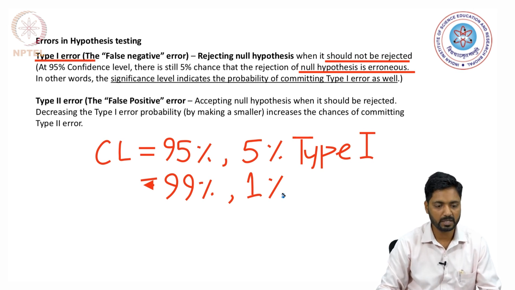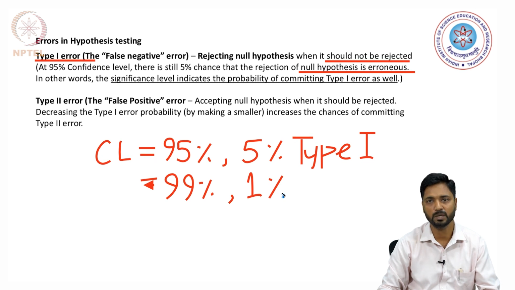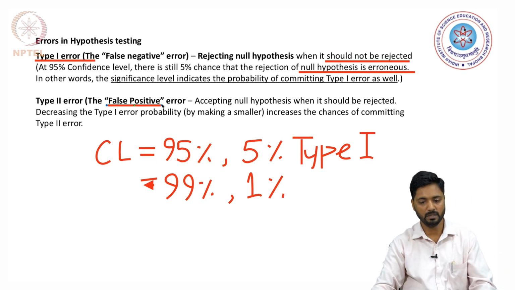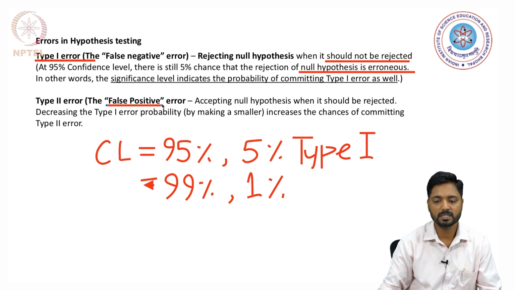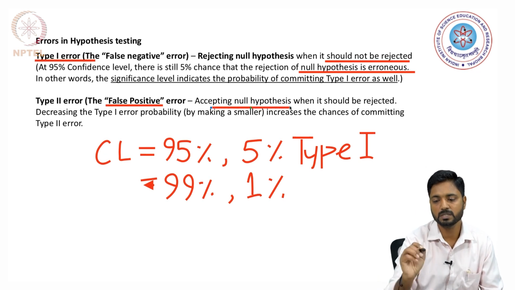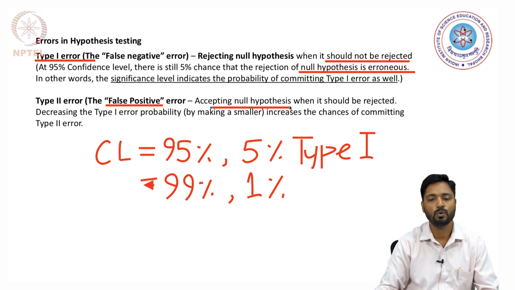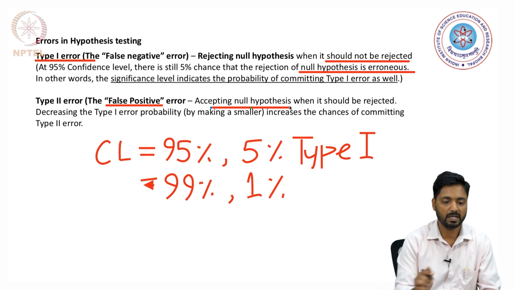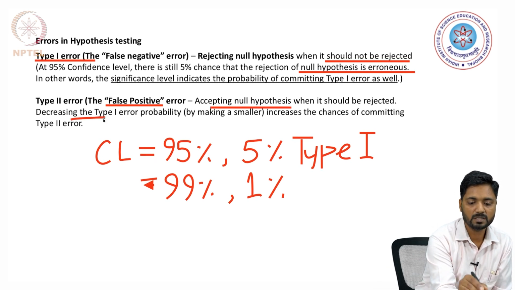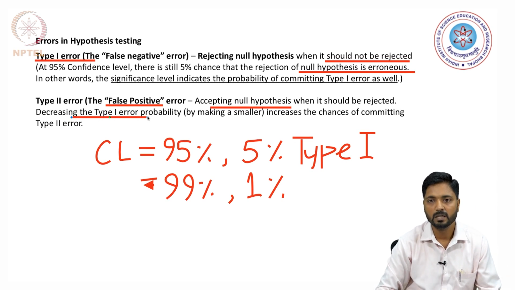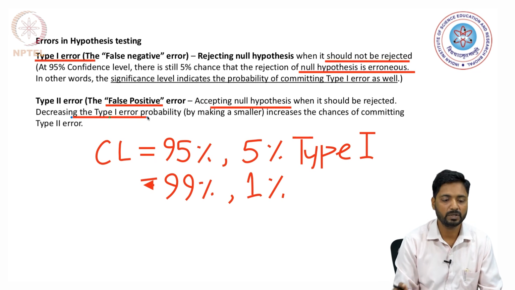Now type 2 error on the other hand is quite opposite. It is also known as the false positive error, and it is accepting the null hypothesis when it should be rejected. So what we can do is we can sometimes decrease the type 1 error probability by increasing the confidence level.